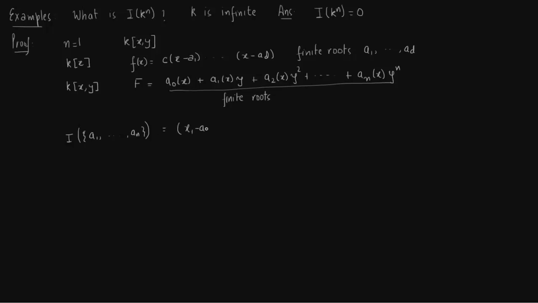The second example is this one. This example will come up again and again. This inclusion is clear. Now we want to do the reverse inclusion, again by division. Consider a polynomial f which vanishes at a1 to an.